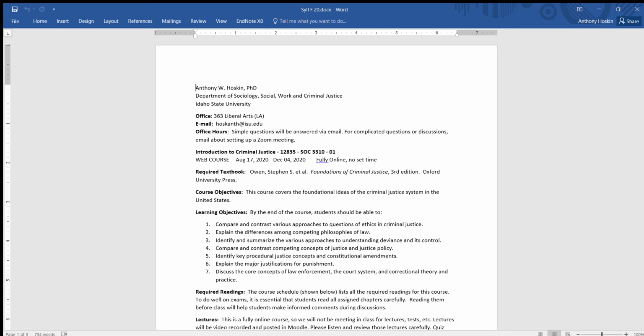Let's start with the textbook. You'll see here that the title of the textbook, it's required for this course, is called Foundations of Criminal Justice, 3rd edition, and the author is Stephen Owen, and there's other co-authors as well. And so, of course, this book is available through the bookstore, but if you prefer to buy it from some other outlet, some other online website, then feel free to do that.